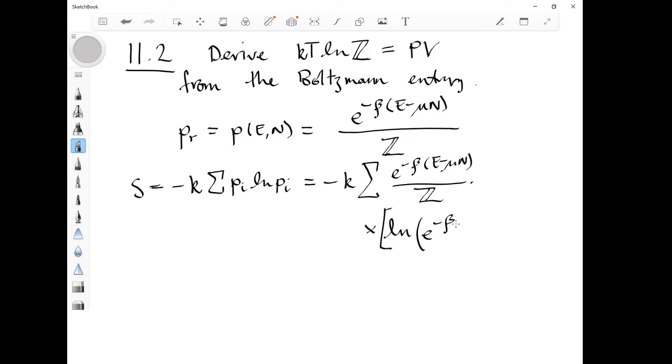Let's just put that there. And then I'm going to go minus ln Z. So I've just split that up using the log laws.